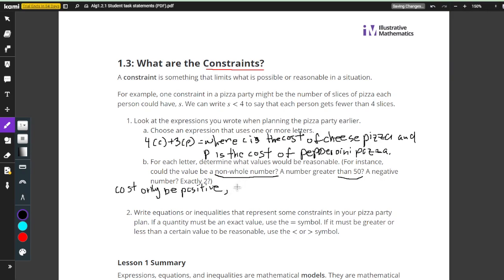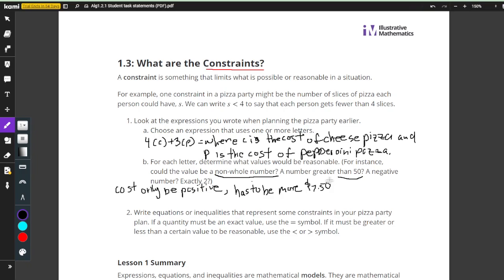Well, we don't want it to be cheaper than a medium pizza. If we're looking for a large pizza, we want to make sure that it's not cheaper than a medium pizza. So the pizza has to be more than $7.50. We don't want it to be smaller than that because you're going to run out of money at that point, and we want to make sure that it's profitable for the pizza company.